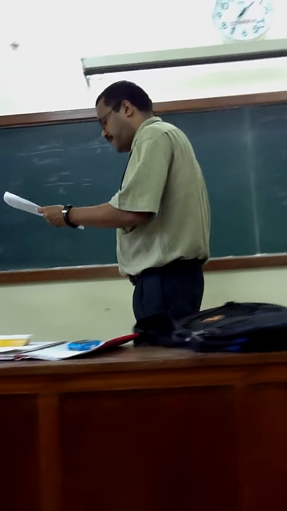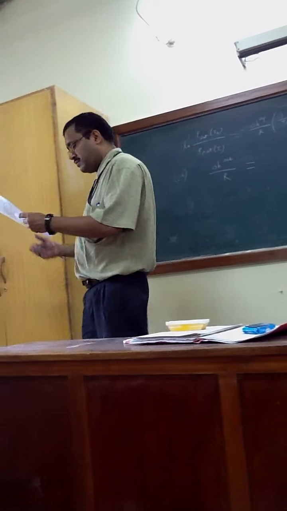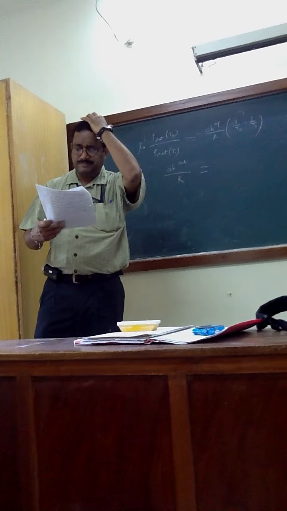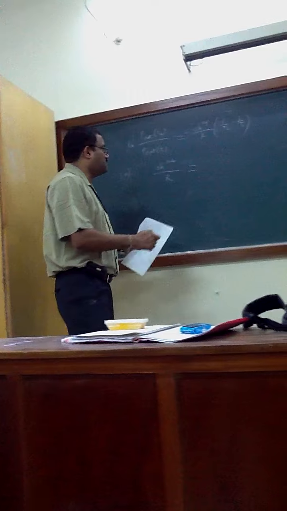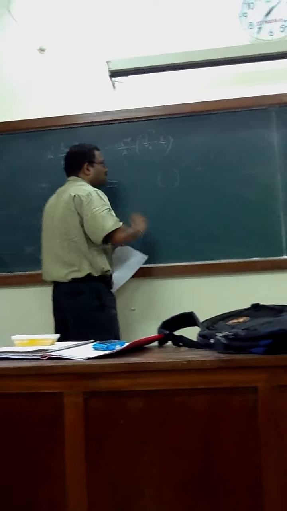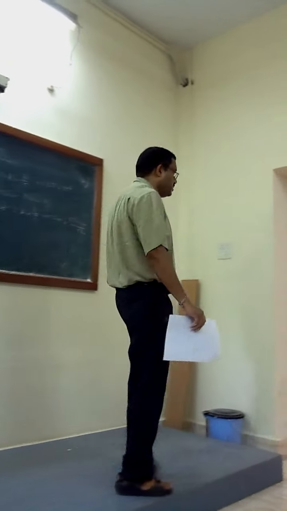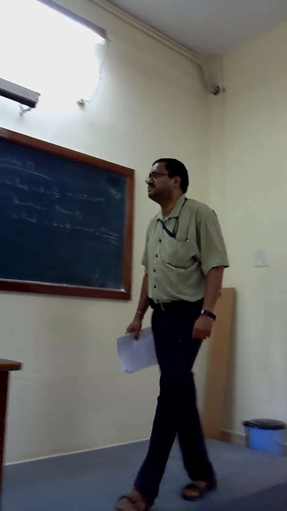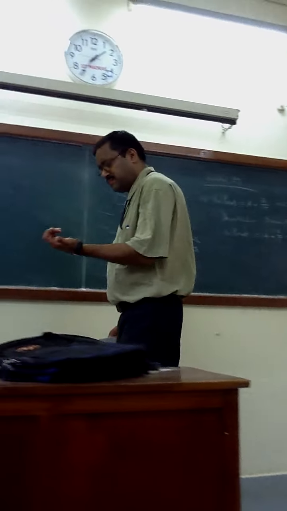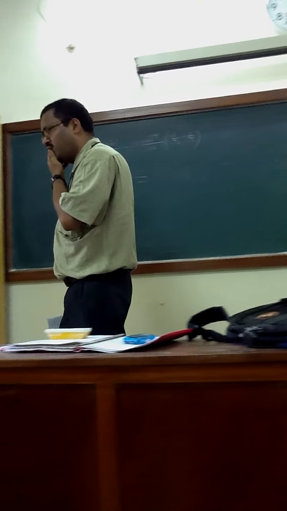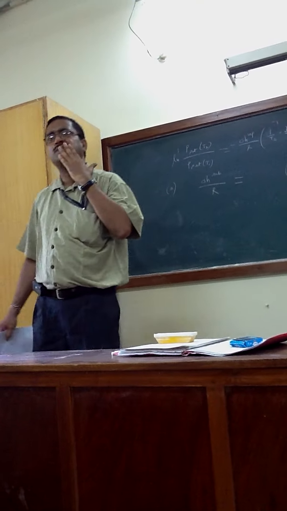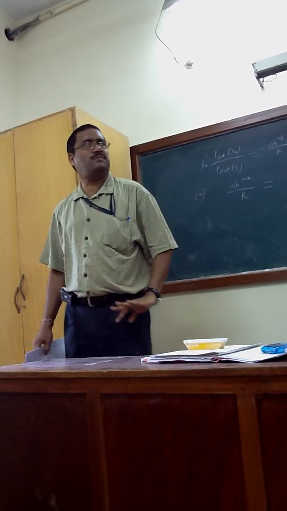What's the answer? Delta H sub by R. What will be the unit of that? First determine the unit, before we make a mistake. What will be the unit of delta H sub by R?